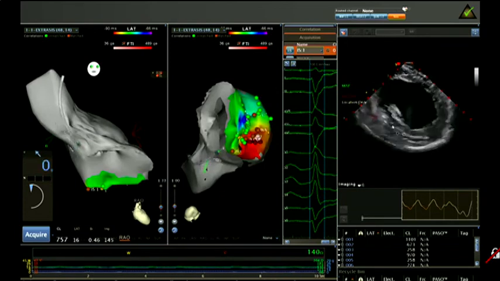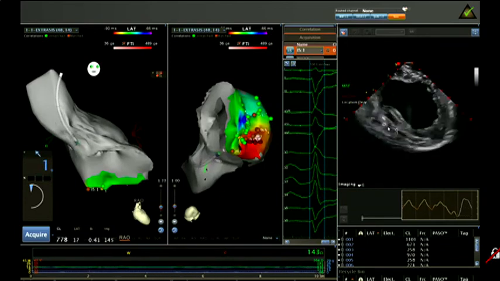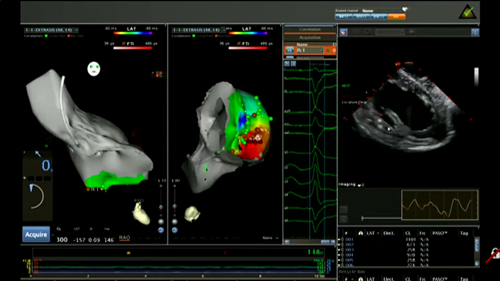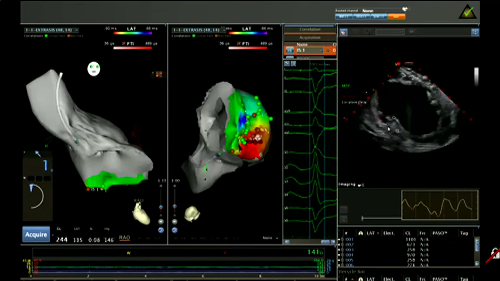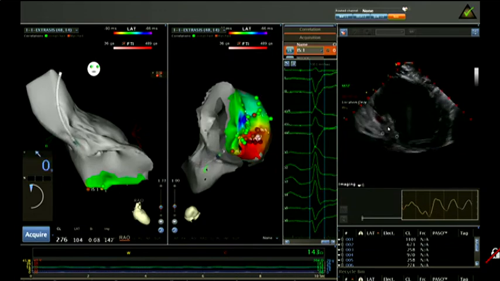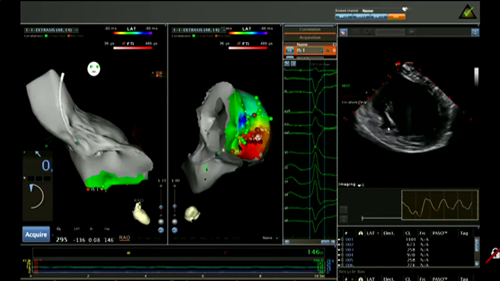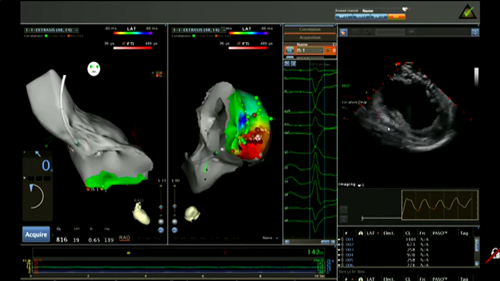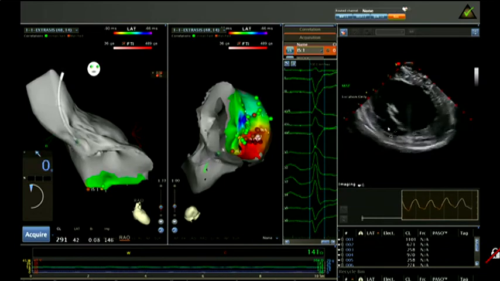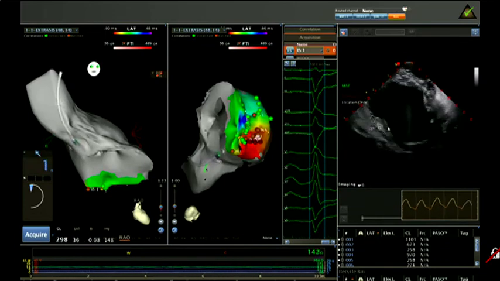Obviously, we can approach this in two ways. You could try to do a substrate mapping to see where are delays and reentry, but the clinical arrhythmia was not ventricular tachycardia, but only extrasystole.